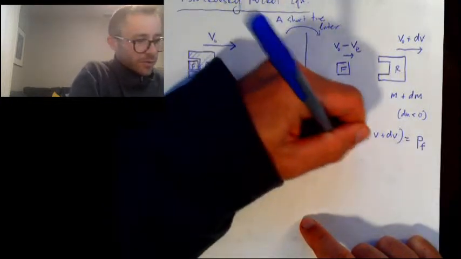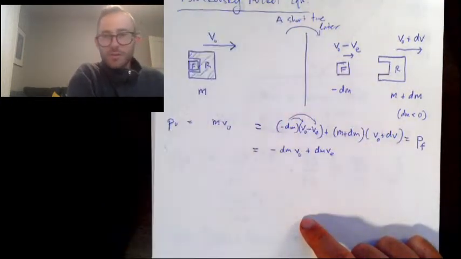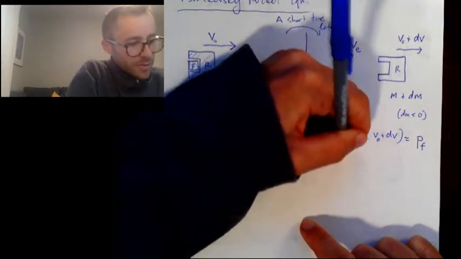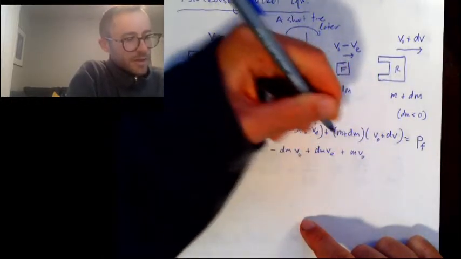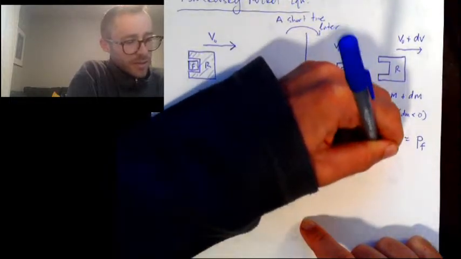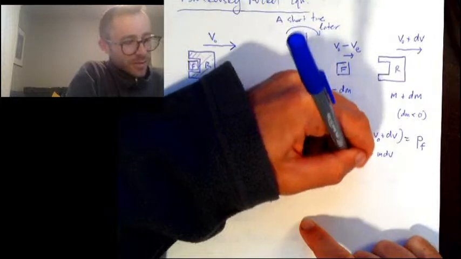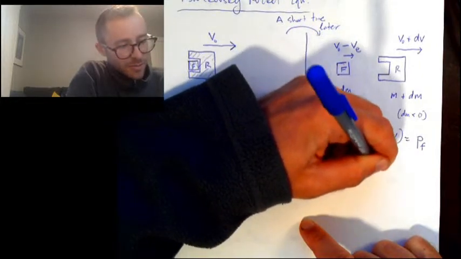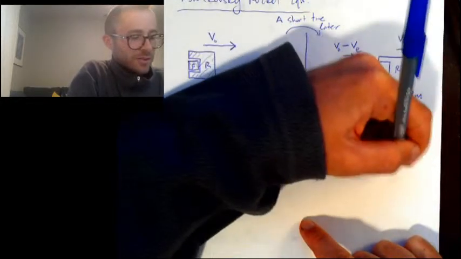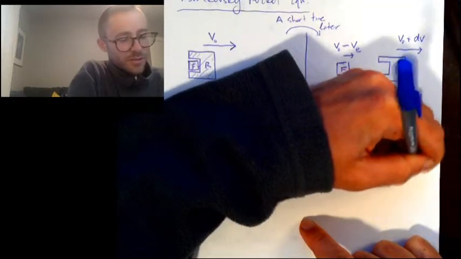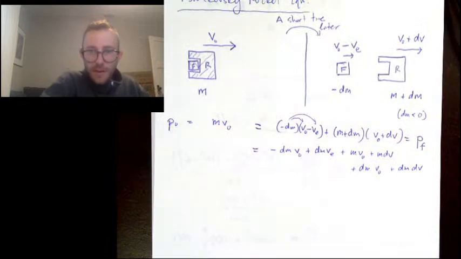Oops, that should be v naught plus dv. My first is going to be m v naught, my outside is going to be m dv, my inside is going to be dm times v naught, and my last is going to be dm times dv.